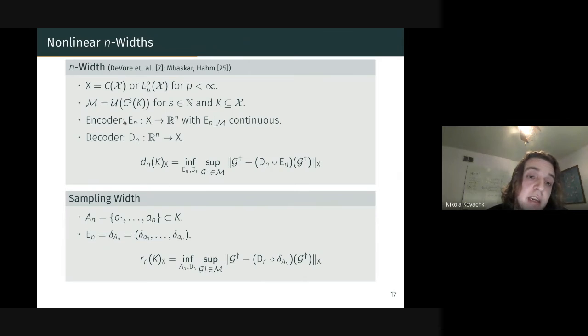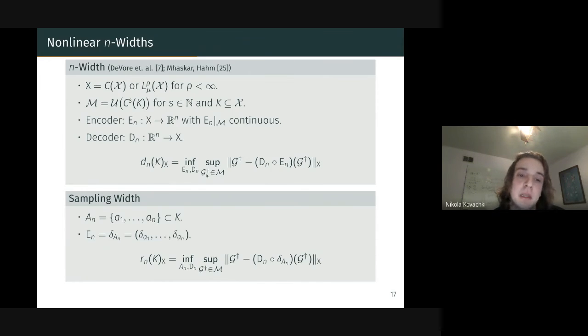An encoder takes in a continuous functional and spits out n numbers, and a decoder takes in n numbers and spits out a continuous functional. We define the n-width of the unit ball of all s times Fréchet differentiable such functionals as the best encoder-decoder pair for the worst functional within it that we can reconstruct.